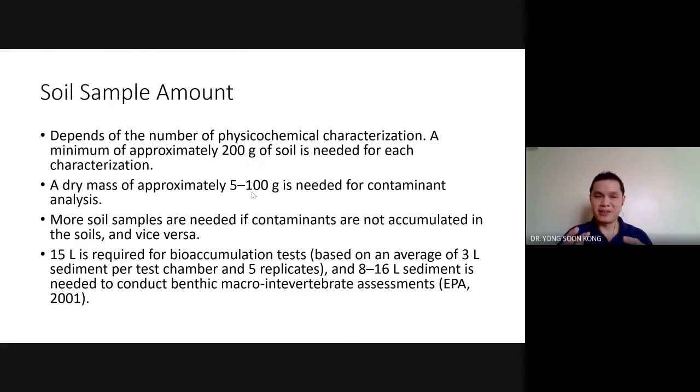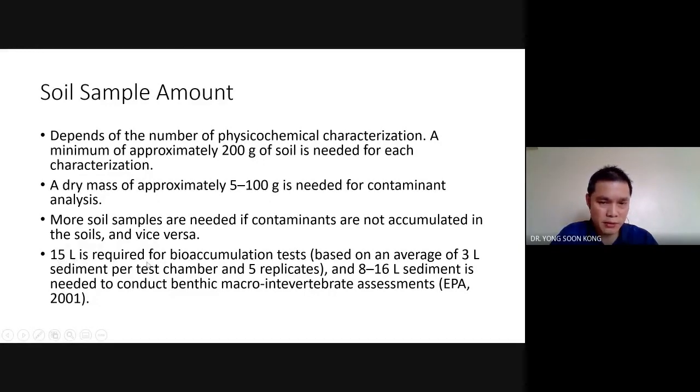You need to do something, and it's called extraction. So 100 gram soil, you put some solvent inside, you extract, and then you analyze the extract. You don't analyze the soil. Okay, more soil samples are needed if contaminants are not accumulated in the soil, and vice versa. So exactly what I said.